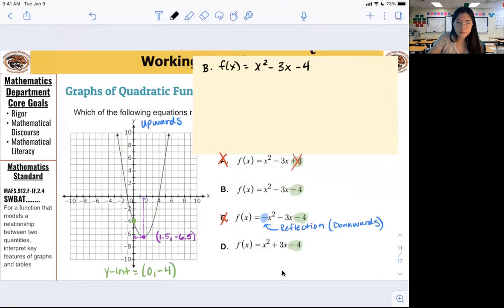H equals negative B divided by 2A. Good. Now in answer choice B, what's my A? 1. What's my B? Negative 3. And then we already know C is negative 4.